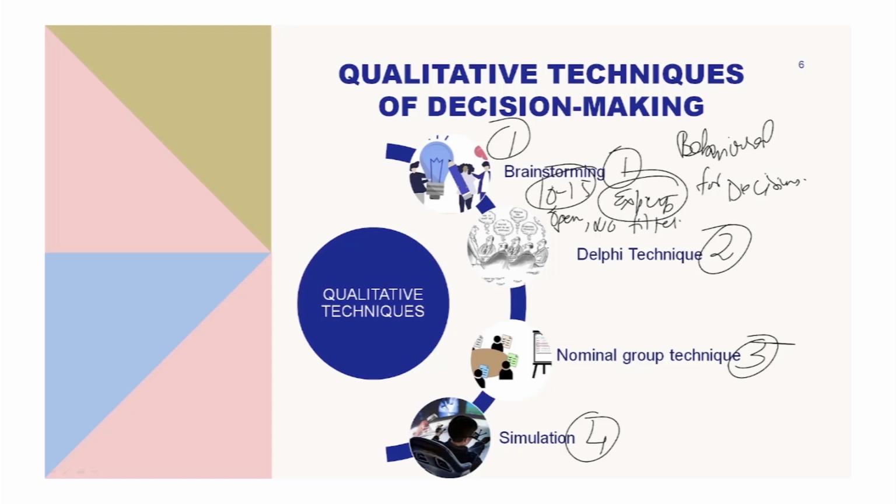Delphi method, it's somehow where we put a problem or a situation to the group members. Again, 10 to 15 group members are there, to whom you are discussing the specific problem.